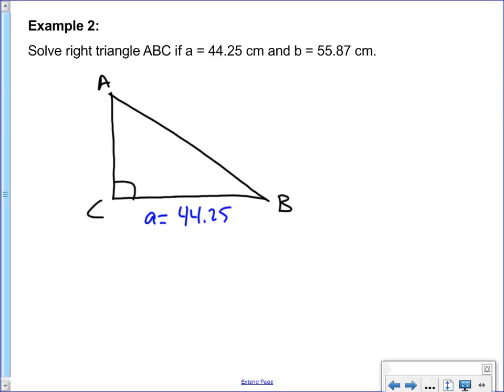And then baby B is over here, 55.87. C is the easiest thing to find. So we can find C. Okay, let's do that first. If you don't want to do it first, that's fine.